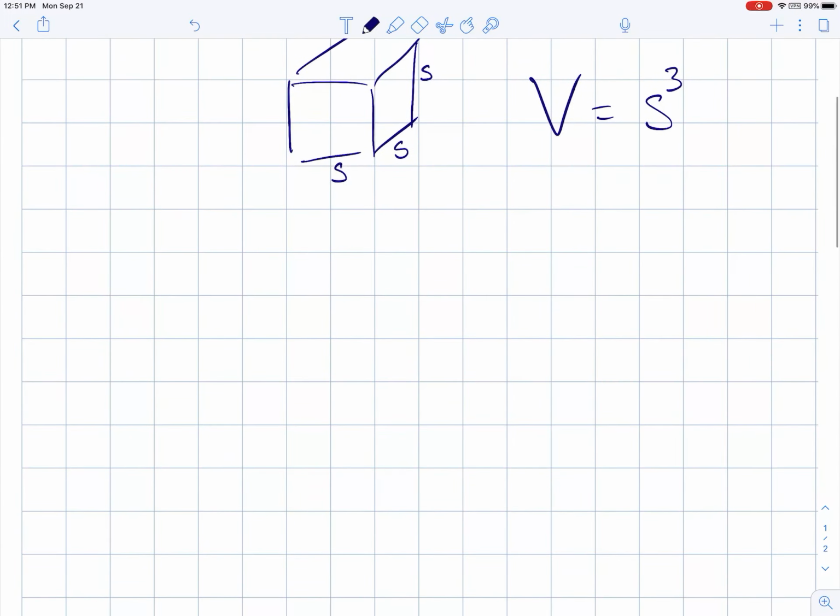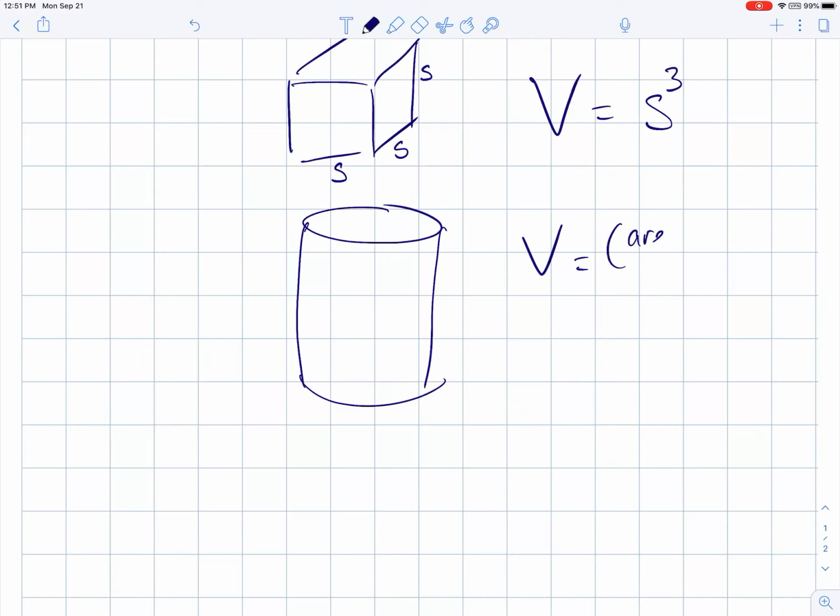If you have a cylinder with a circular based top and bottom like that, then the volume of any cylinder is equal to the area of its base. This is a general formula, area of the base, multiplied by the height.